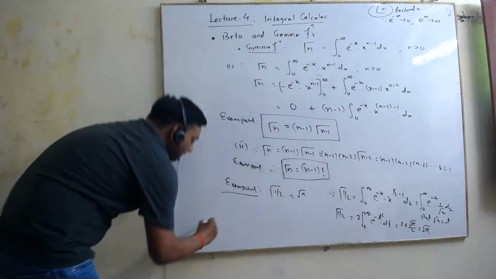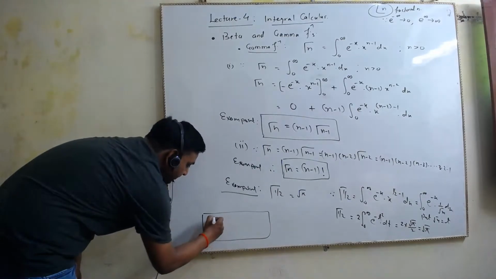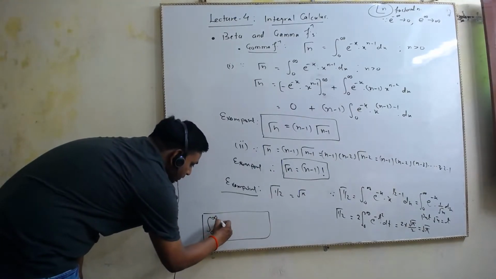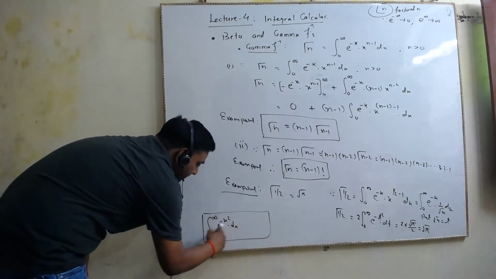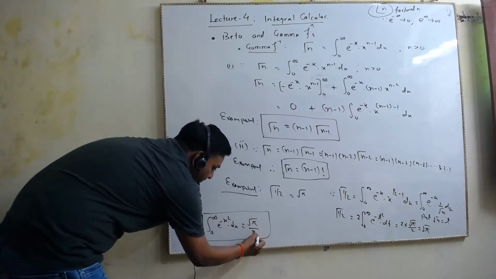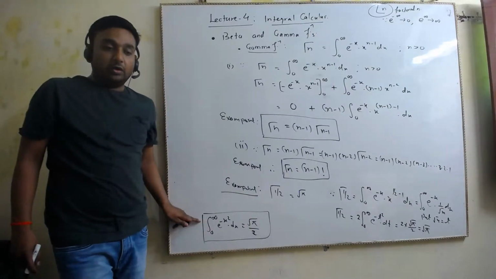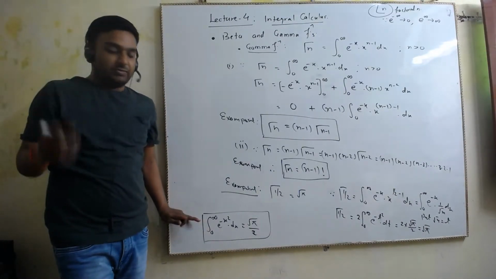What I have used here is what we will be doing in convergence of improper integrals: integral from 0 to infinity of e raised to the power minus x square dx is nothing but square root of pi by 2. This is a standard integration using the Leibniz rule. Through multiple, double integration we prove this.